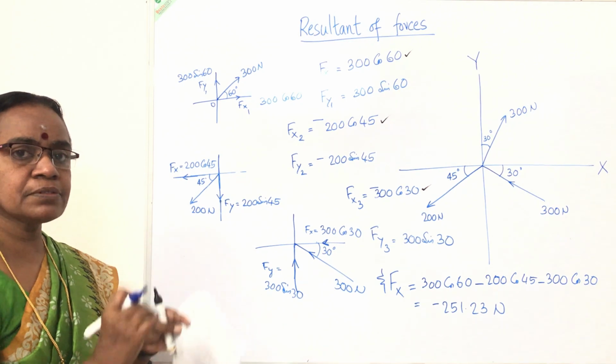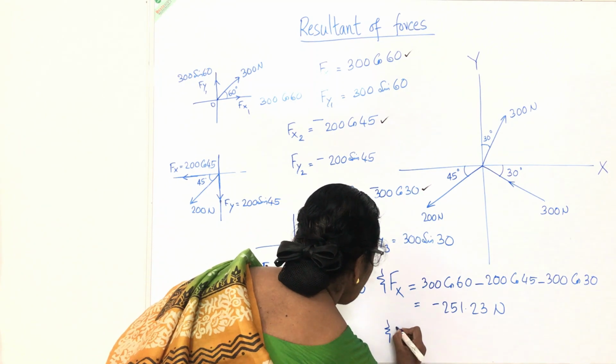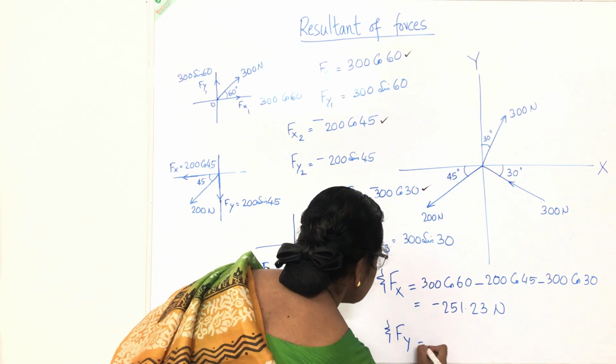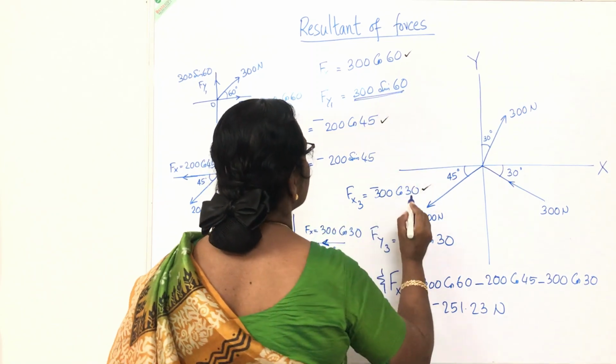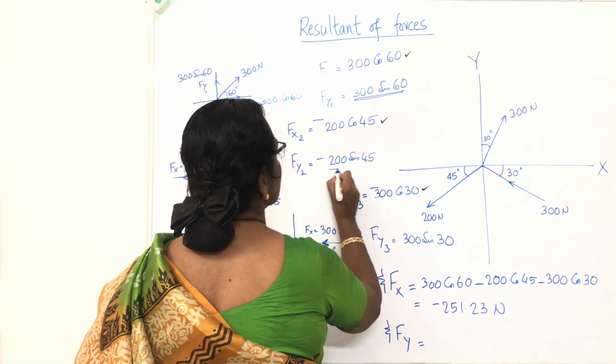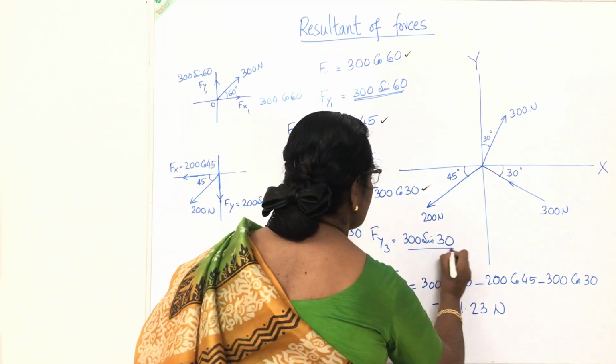Similarly, we sum up the force components in the y direction. Sigma Fy. For the first one, it is 300 sin 60. Second, minus 200 sin 45. Third one, 300 sin 30.